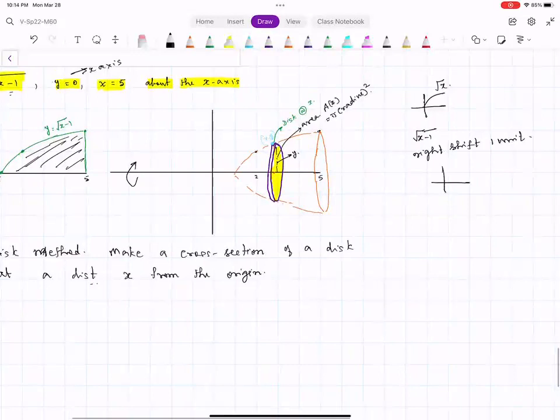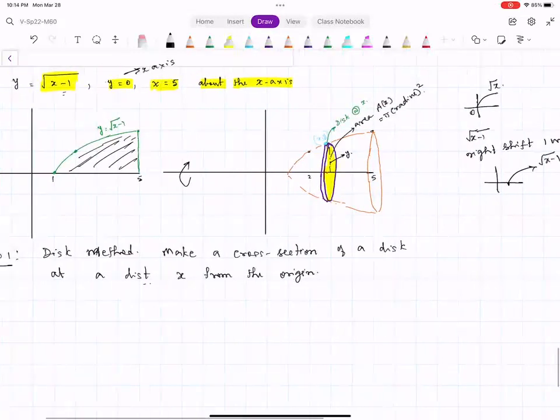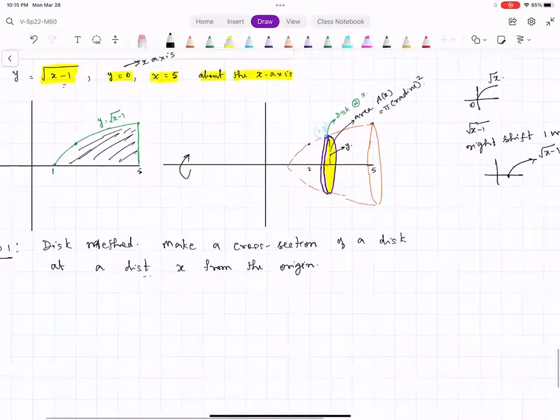So if it starts at the origin, this one will start at 1. You can also use your graphing calculator to check this. Remember that it is bounded by x equals 1 to x equals 5, so we are interested only in that part of the region between 1 and 5.